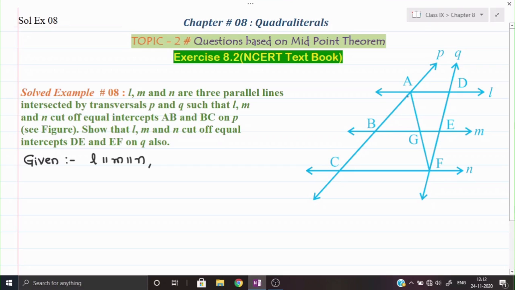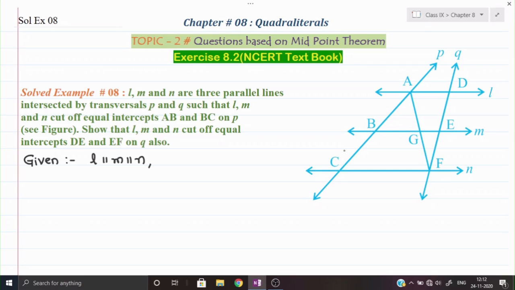So we can say that here AB is one intercept. Similarly, BC is another intercept. We can say that AB and BC are those intercepts which are made by the transversal P onto the lines L, M and N. Similarly, the line Q is making the two intercepts, that is DE and EF.